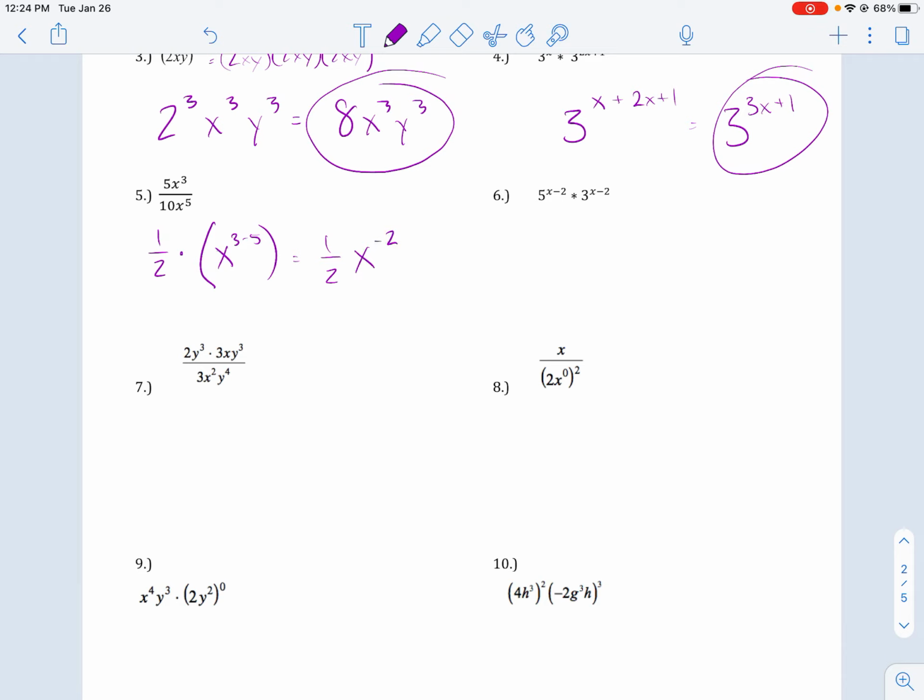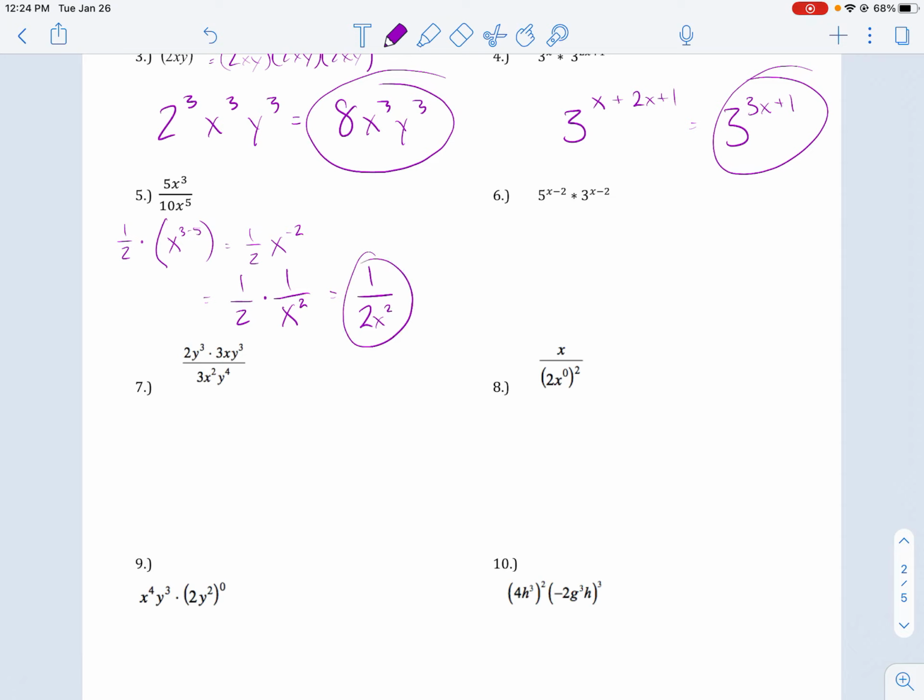So we can't leave it like that, right? So what do we got to do? We got to change that x to the negative second power. So I put it in the denominator, raise it to that power. Now I can multiply those two guys, and so I end up getting 1 over 2x squared.